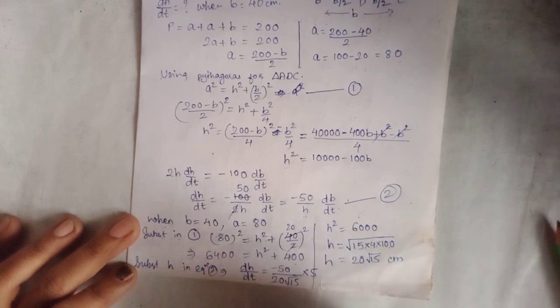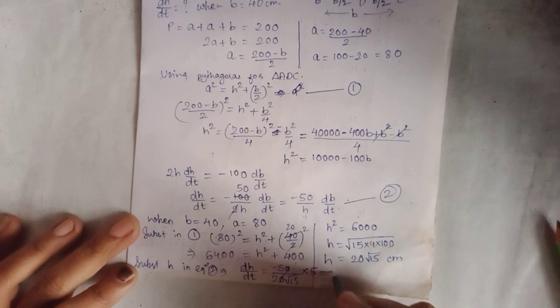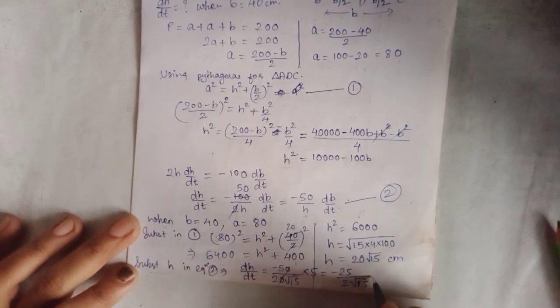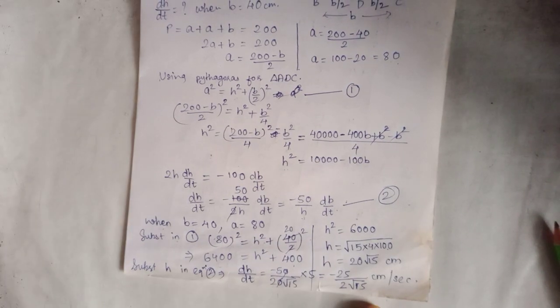So into 5. So this is minus 25 upon 2 root 15 centimeter per second, since it is changing. Okay, so this is the rate of change of altitude when our b is 40 centimeter.